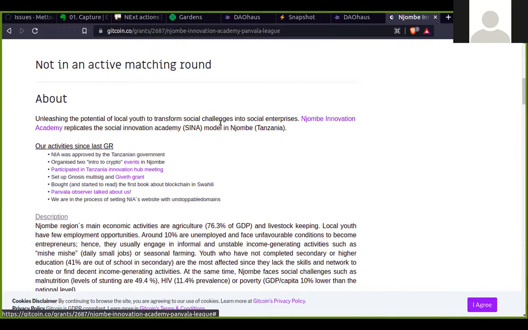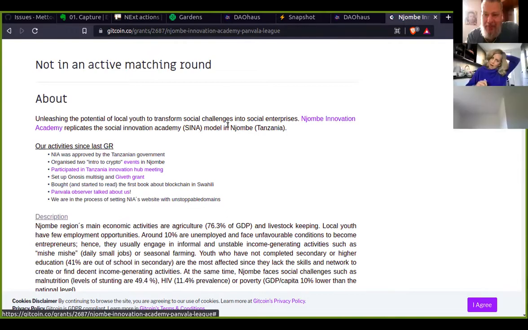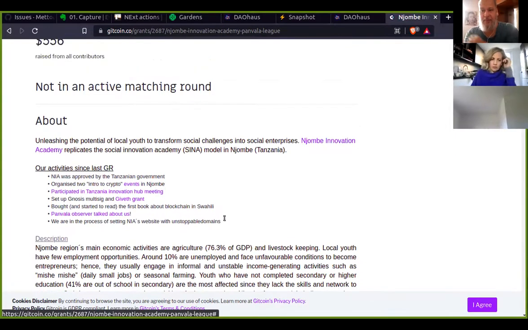They are already replicating the model, and we contacted them and asked them if we could also replicate that model here in Jombe. That's our main goal with this Jombe Innovation Academy project.